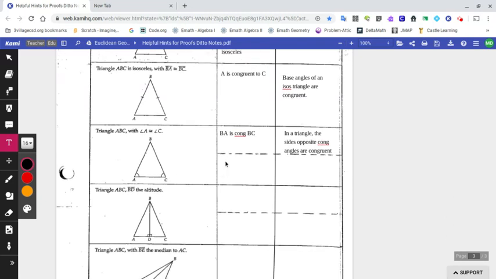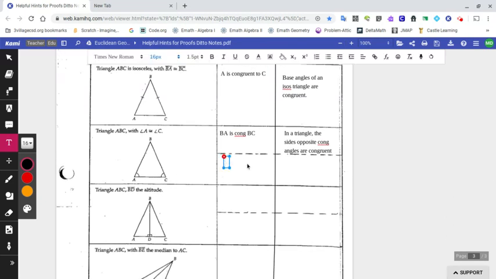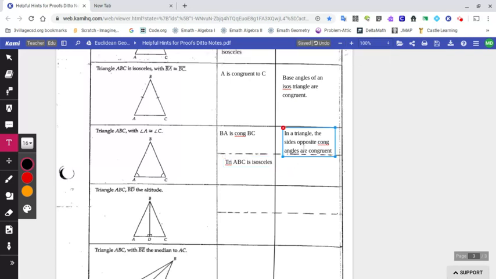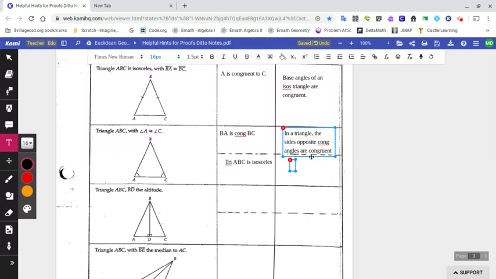And then I split this into two because now I can say that triangle ABC is isosceles. Again, since I've already said the sides are congruent, here I can say by definition of isosceles.